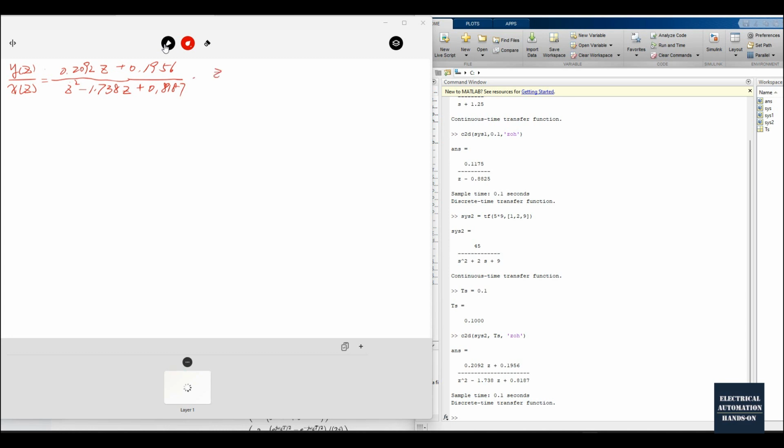And we will multiply by z to the power of minus 2.